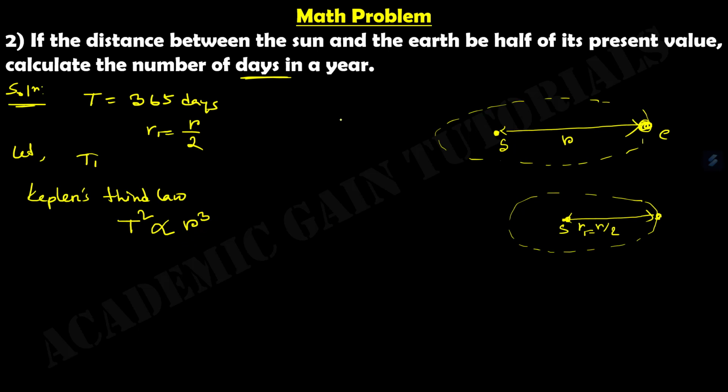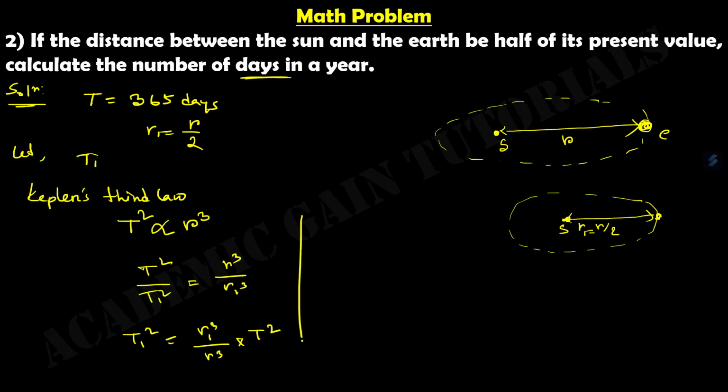Okay, so from this equation we can say that T square by t1 square is equal to r cube by r1 cube. We have to find out this t1. So t1 square is equal to r1 cube by r cube into T square.